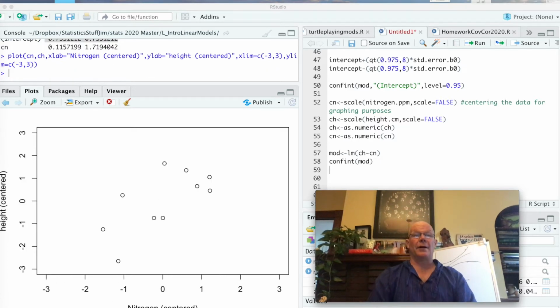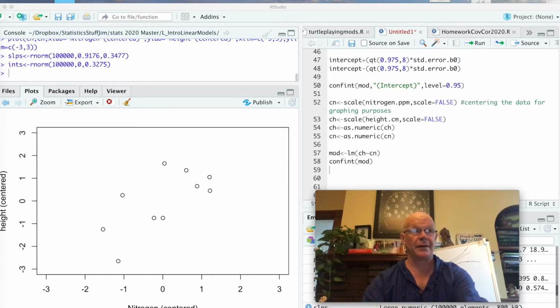And what I'm going to do is randomly draw samples, based upon our point estimate and the standard error around that, and think about all the possible slopes that we might deal with.